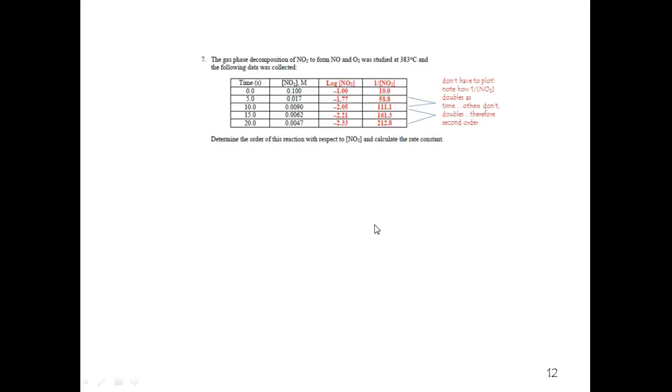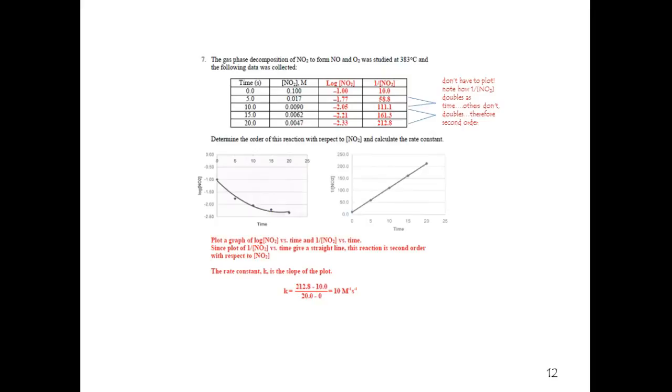So what they say is notice that the rate's doubling when your concentration is over time. And if you plot things, here is the log of the concentration versus time, still curved. Here's 1 over the concentration versus time. Aha, it's definitely linear. This one was curved.